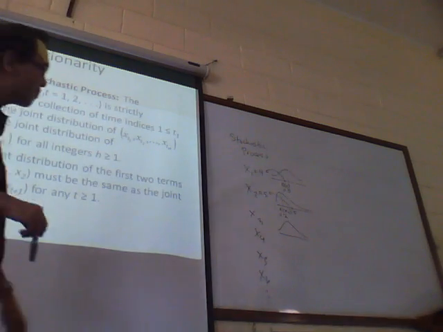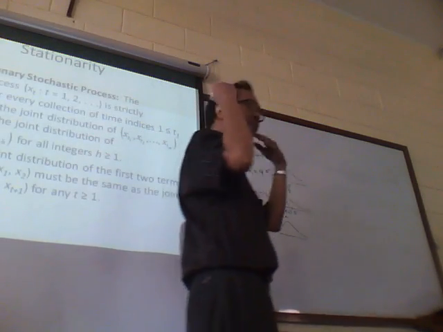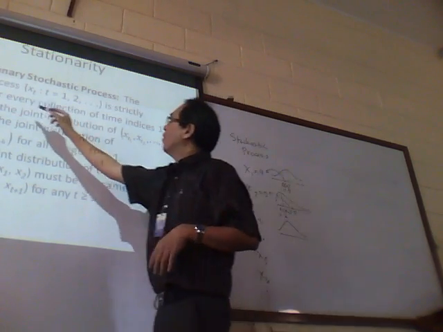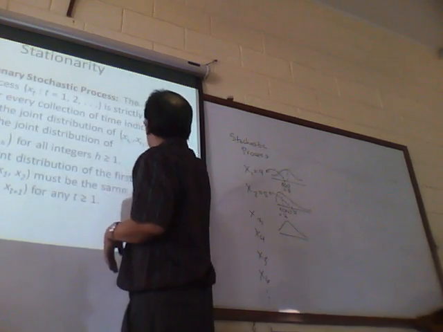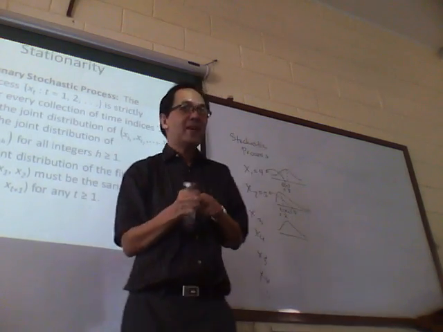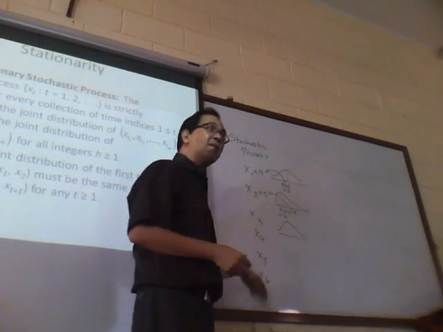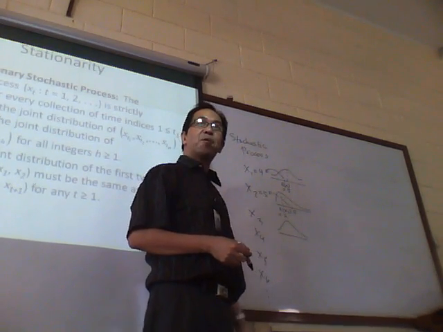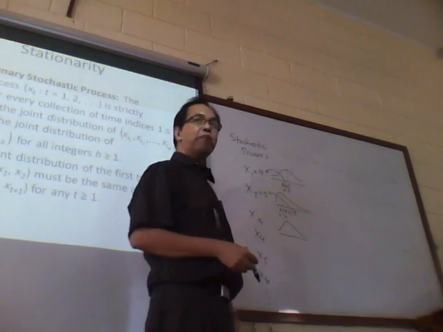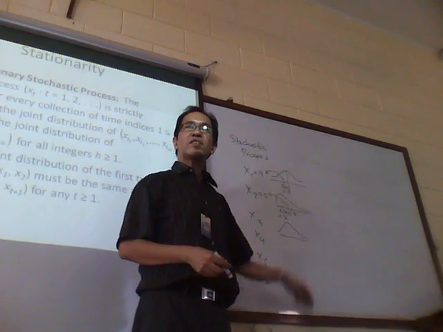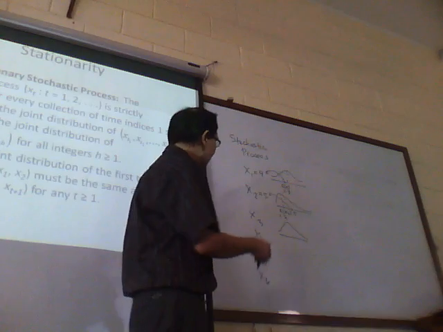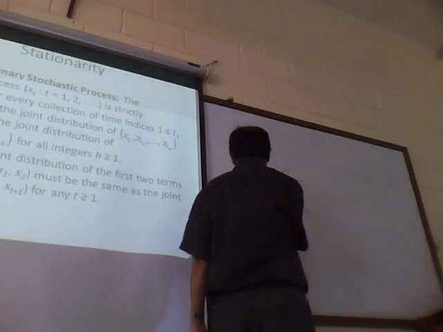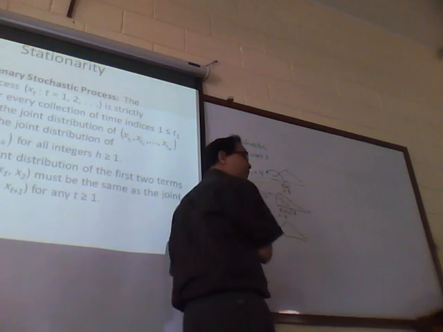Yeah? So first we have to understand, what do you mean by for every collection of time indices? It means that, okay, I have here my different random variables for each time period. I can pick any random subset. For example, I can pick, say, 2, 3, and 4.